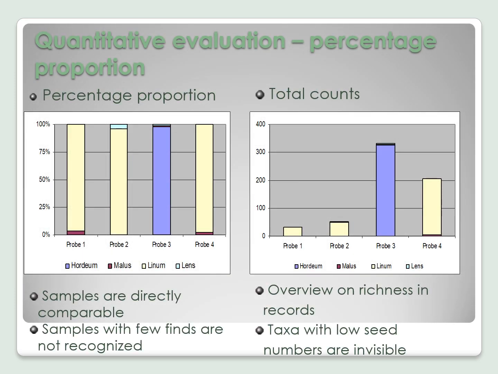Particularly with small datasets, this kind of simple numerical data evaluation is sufficient because samples are directly comparable. However, one needs to be careful about the number of finds in a sample, because samples with few finds can be misinterpreted for their individual taxa, because these can appear to be numerous, although they are only represented with few remains.